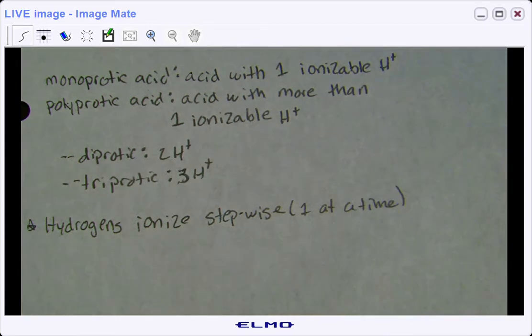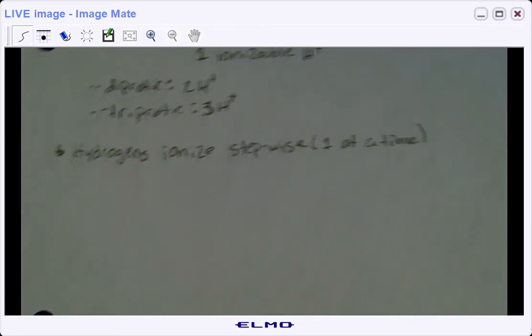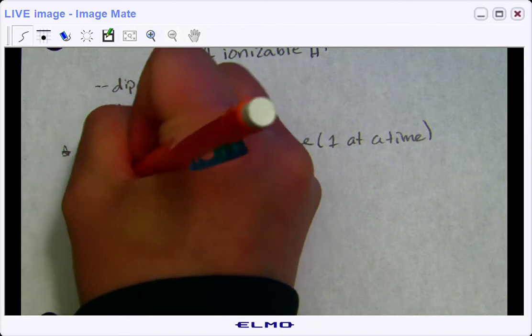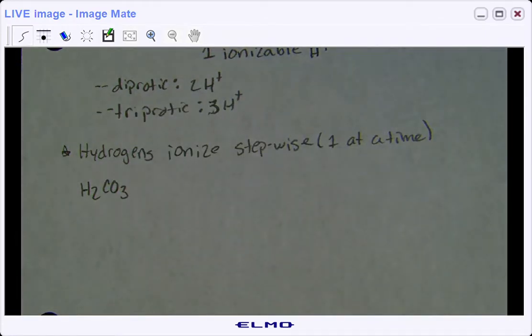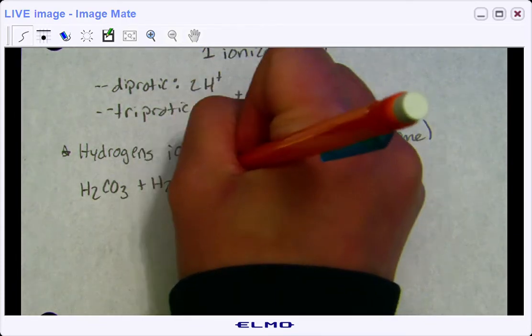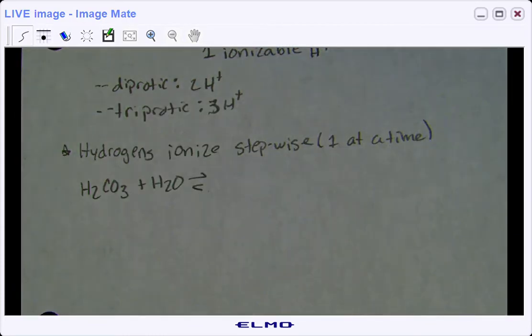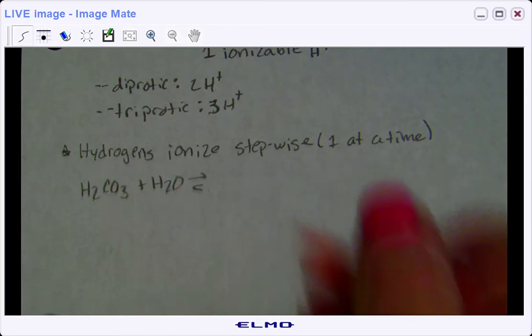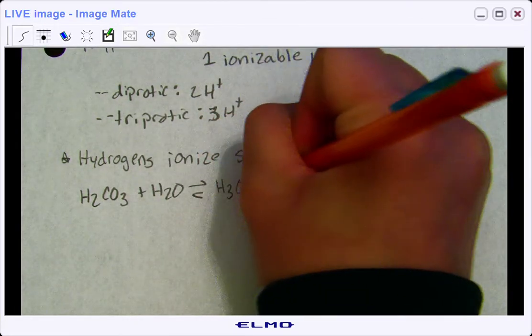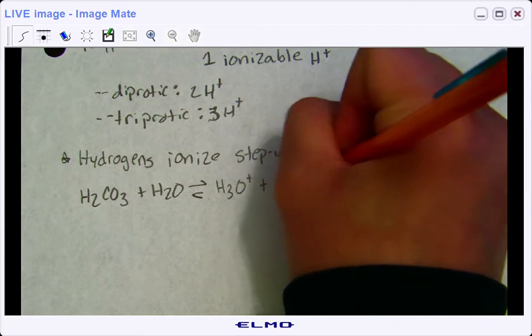So let's look at an example. Let's look at carbonic acid. Carbonic acid is a weak acid, so when placed in water, it will lose one hydrogen to form a hydronium ion and HCO3 minus.